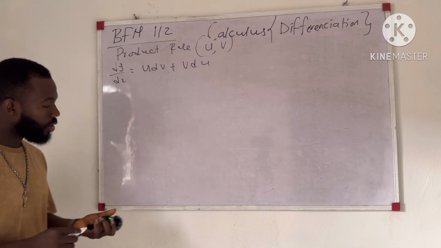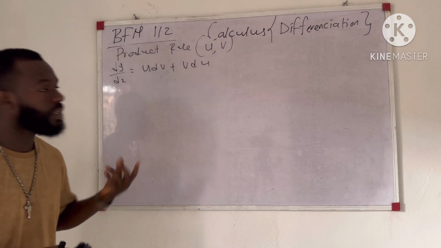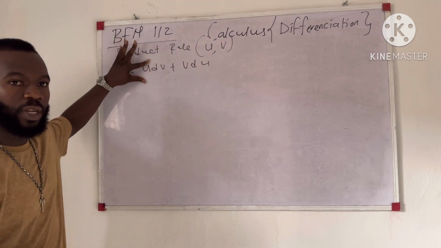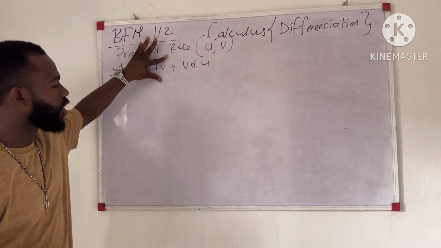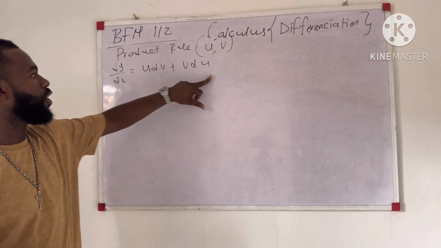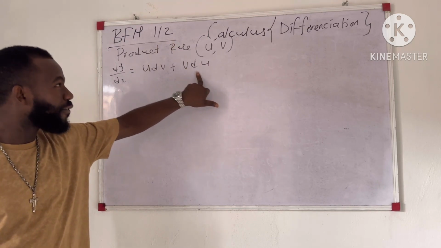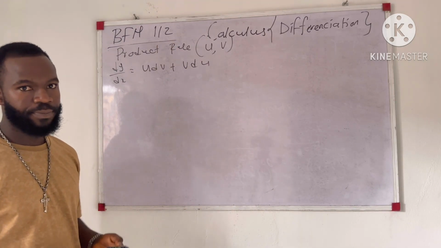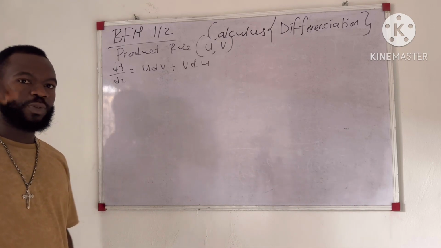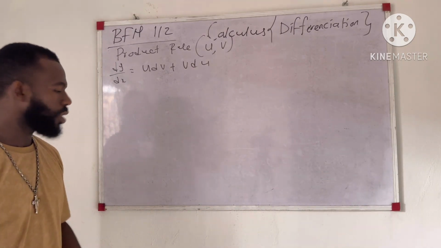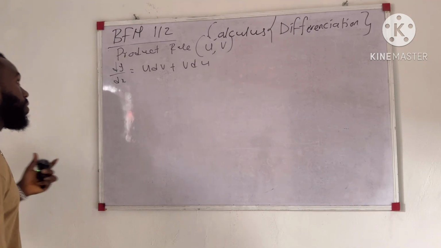What does it mean? u dv means hold u, meaning don't touch u, but differentiate the function v. And v du means don't touch v, but differentiate the function u. Simple. So when you say don't touch, it means hold constant. So let's use this formula now to solve some questions.